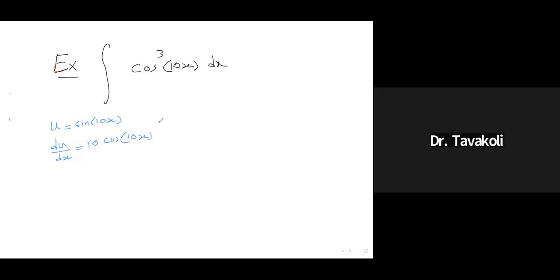We have even seen this kind of examples in Calc 1. So cross multiplication tells me that du equals 10 cosine of 10x dx.